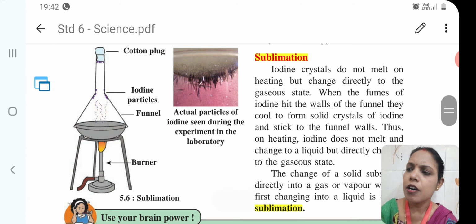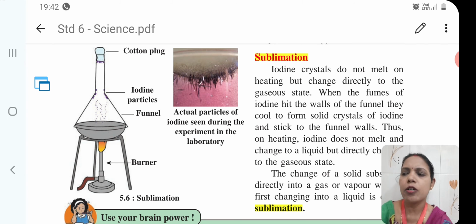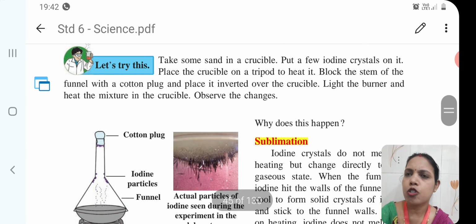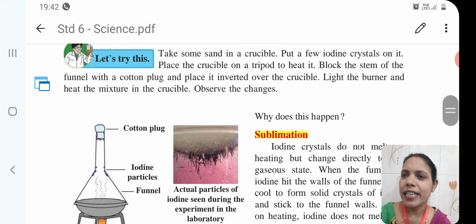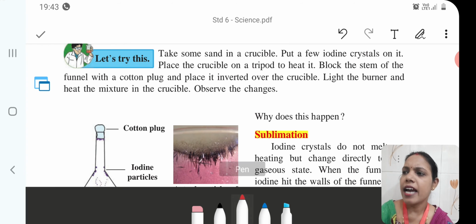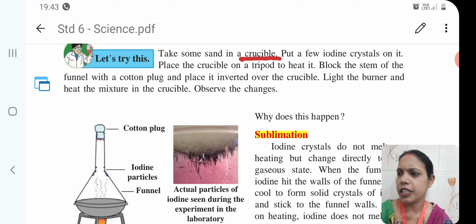So children, first what did we take? Take some sand in a crucible. The crucible is made of white material and it's available in our lab. Put a few iodine crystals on it. Place the crucible on a tripod to heat it.